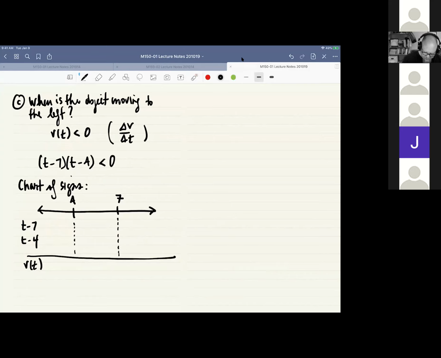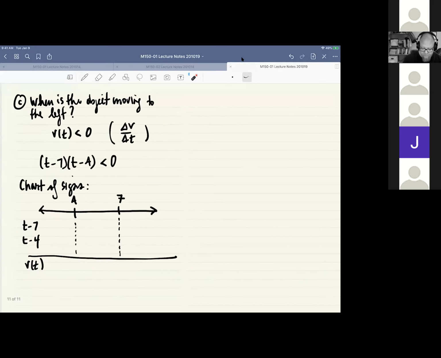So specifically, I want to look at each of these terms and decide on this subinterval here. These vertical lines break the real line into subintervals. So I want to ask, is my factor positive or negative here? Is it positive or negative here? And is it positive or negative here?